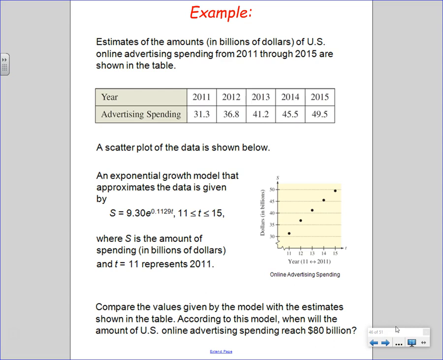So I might put the years as just 11, 12, 13, 14, 15. Spending in billions of dollars. And then the equation. Once you have that information, P.S. double check your decimal, 0.1129 t.